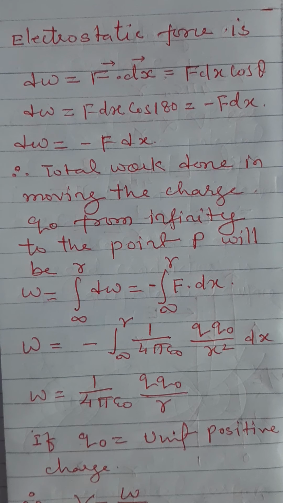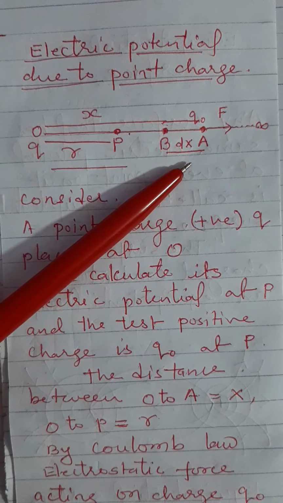Here theta is 180 degree, that's why the value of cos theta is minus, and the small work done is given by dW equals minus F dx.